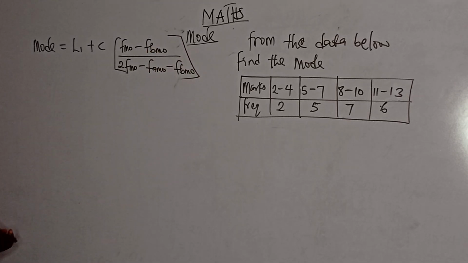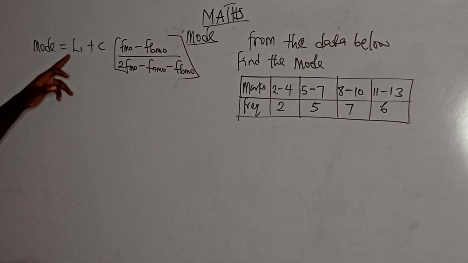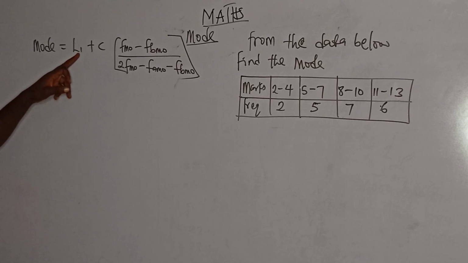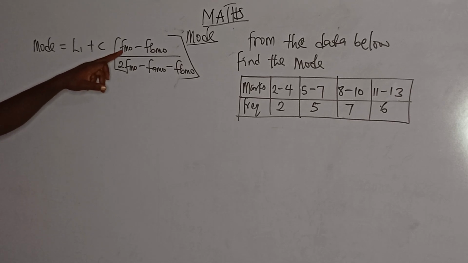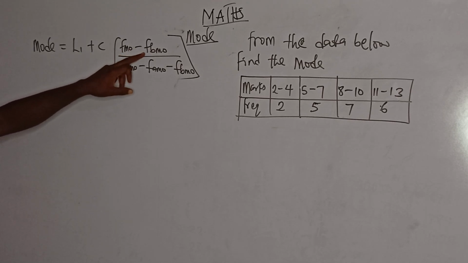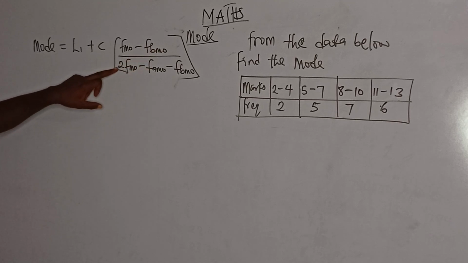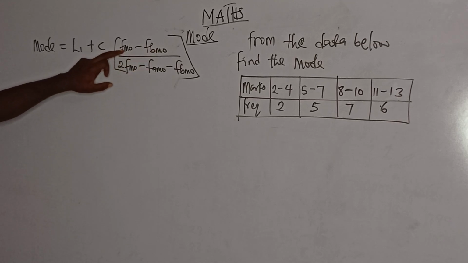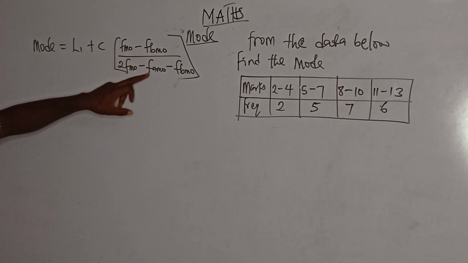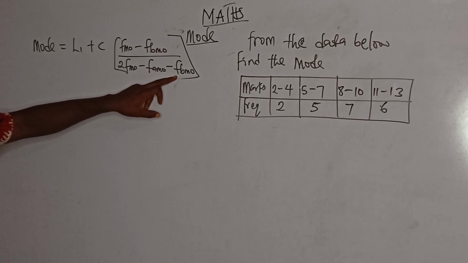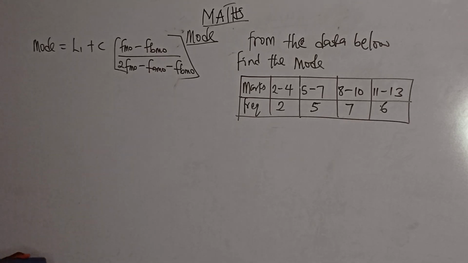That is the formula. It is very simple: lower class boundary plus class size, times frequency of modal class minus frequency before modal class, then divided by 2 times the frequency of modal class, minus frequency after modal class and minus frequency before modal class. So let us arrange the numbers.